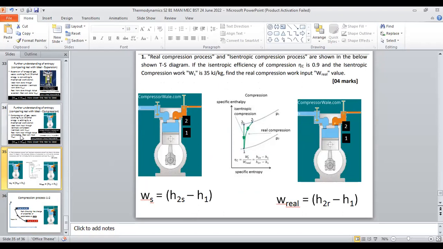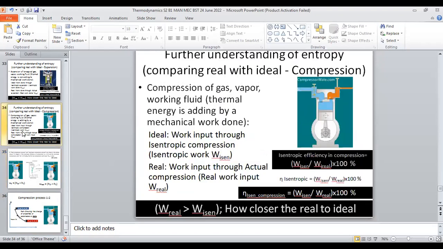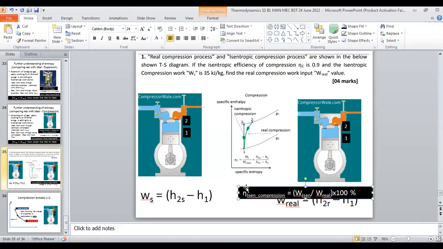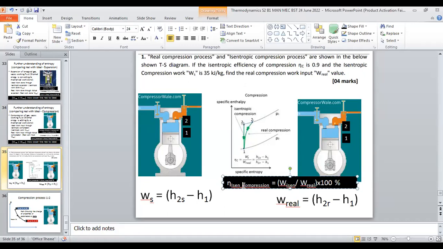So the compression, okay? You can look for this. See, isentropic compression: W isentropic divided by W real.